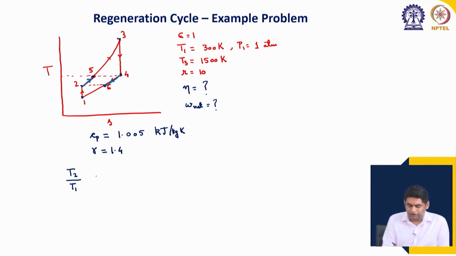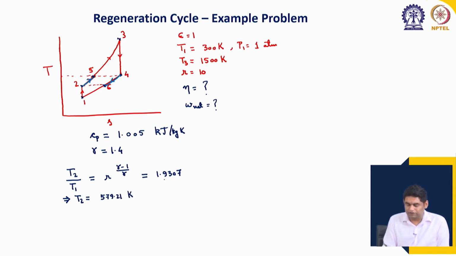So, T2 by T1 is R to the power gamma minus 1 by gamma. R is 10, gamma is 1.4. So, this we can directly obtain, this is equal to 1.9307. Previously also we had obtained this same value, which gives us a value of T2 equal to 579.21 Kelvin.